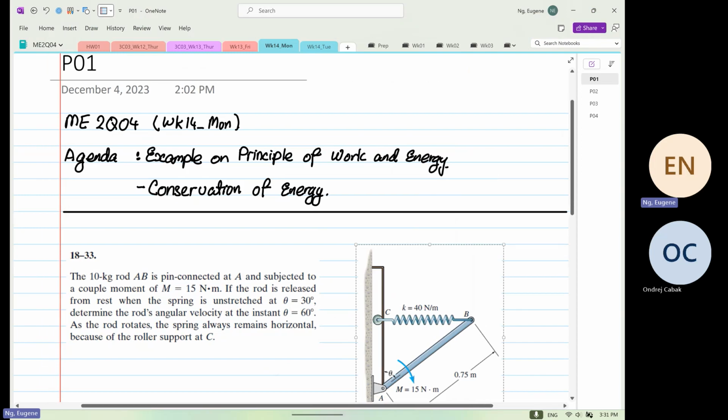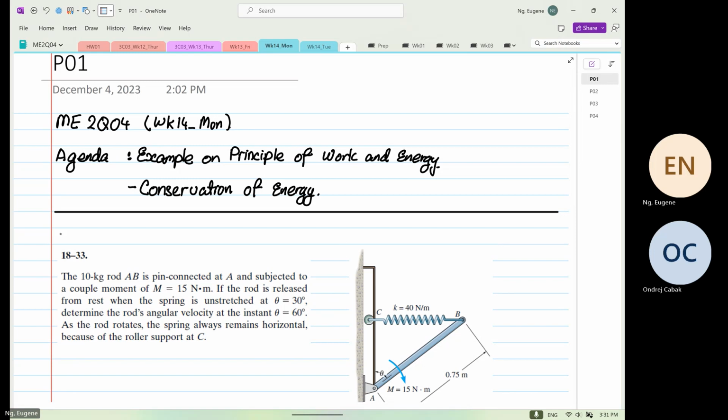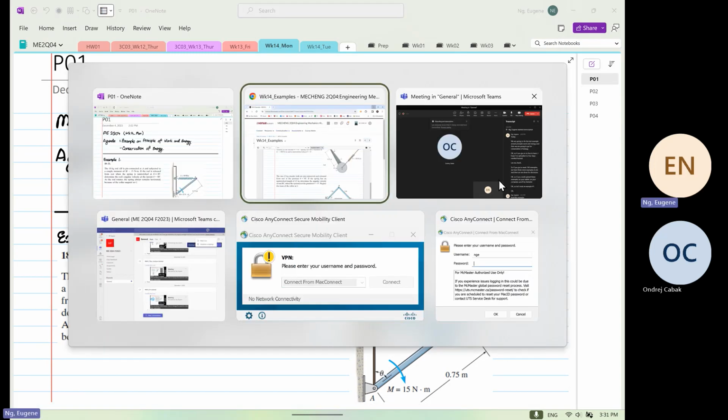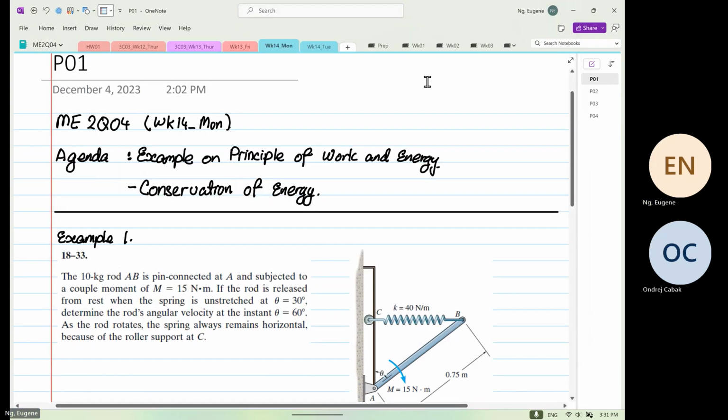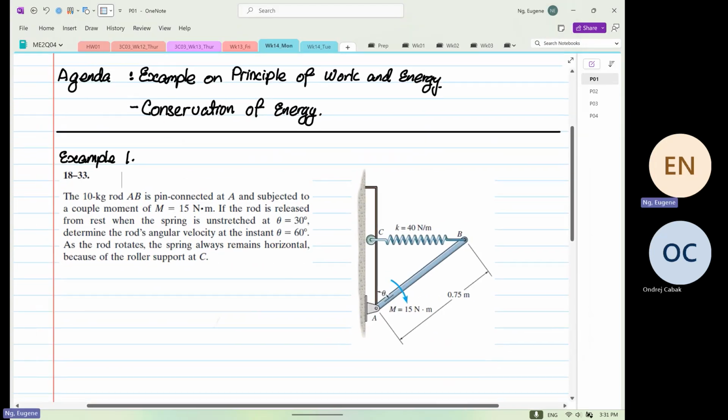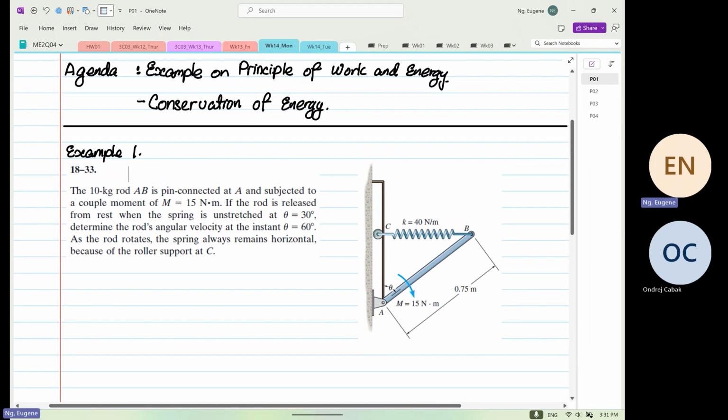Okay, so let's look at example number 1. This example is based on conservation of work and energy. Let's look at the diagram over here.